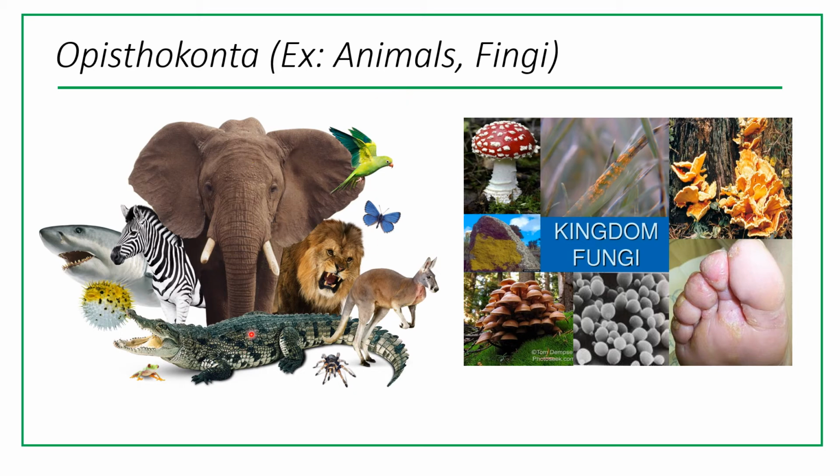So here you can see animals, some mammals, all different examples. Fungi, starting with some mushrooms. Some of them are poisonous, and over here that's athlete's foot. So that's a parasitic fungus.